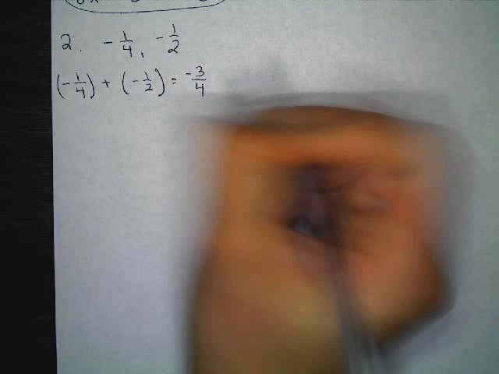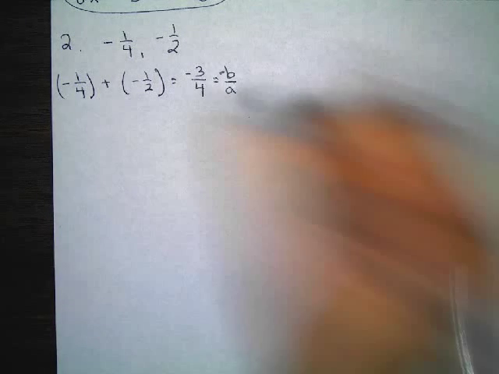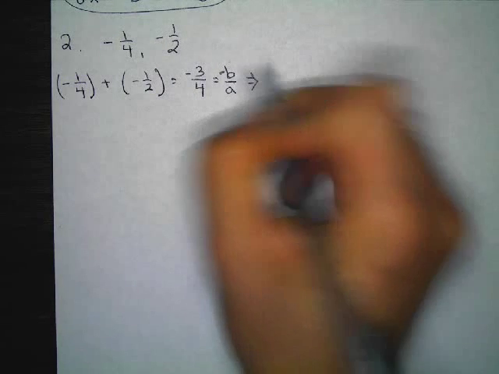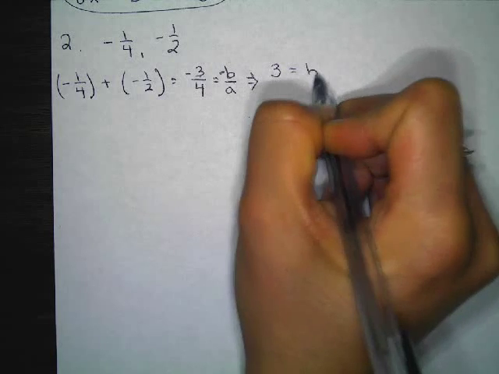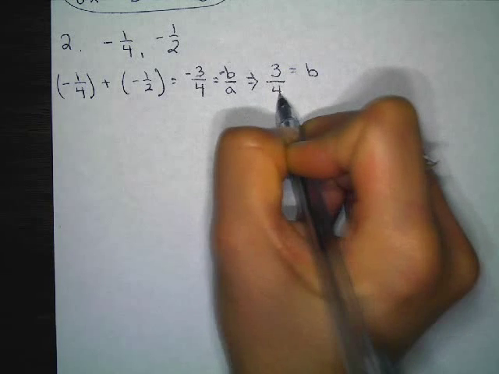So this is -3/4. Again, that equals -b/a. I want a positive b, so that means I need to change that -3 into a positive 3, because it's the opposite, so that I can get a positive b here, over 4.